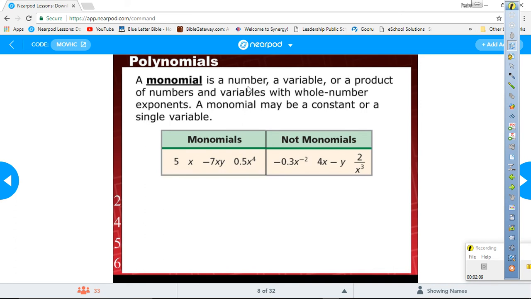A monomial is a number, a variable, or a product of numbers and variables with whole number exponents. Do we understand up to right there? All the terminology. Just to clarify, does everybody understand what product means? Tell your neighbor what it means.